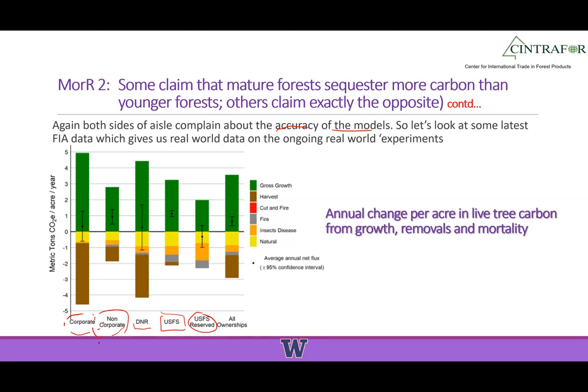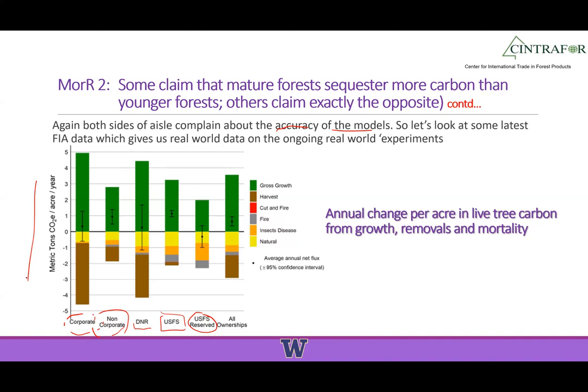Now, along the y-axis, we have metric tons of CO2 sequestered per acre per year. So how I'll read this for the corporate: in any particular year, let's say 2020, 1 acre of forest land in the Pacific Northwest sequestered on average 5 metric tons of CO2 equivalent per acre per year.